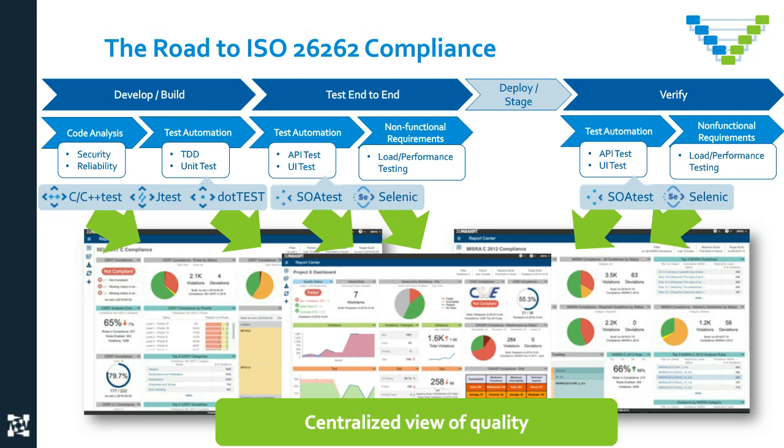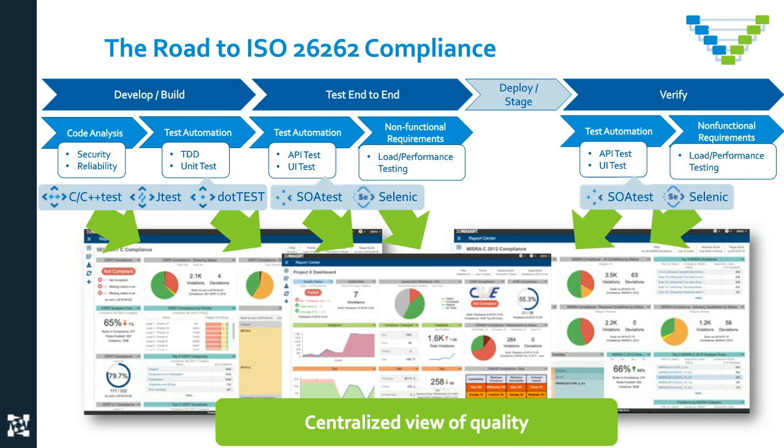That gives you a centralized view of quality that you can use to audit your process, and to get visibility as to how well you're doing on your road to compliance with ISO 26262, but also to generate the documentation you need to demonstrate compliance to an auditor.